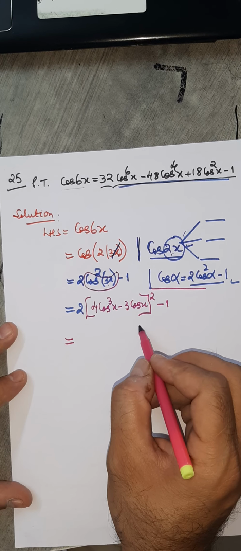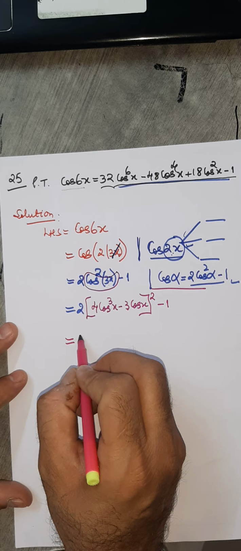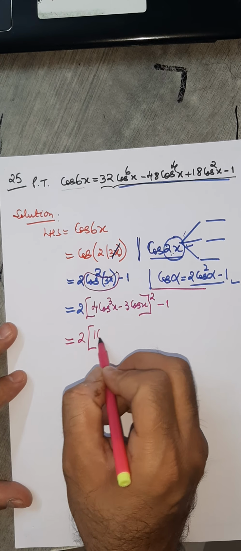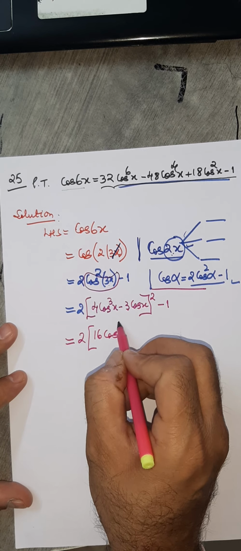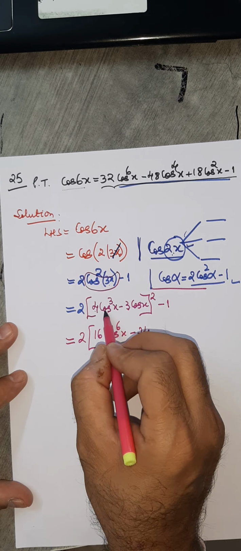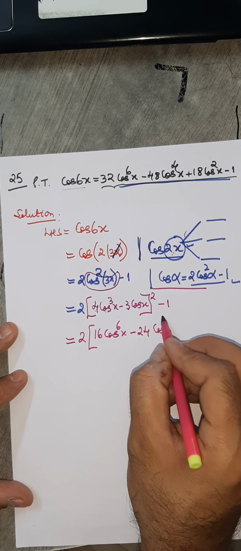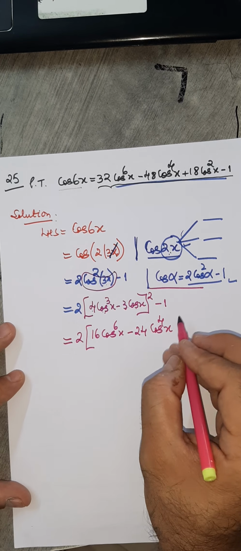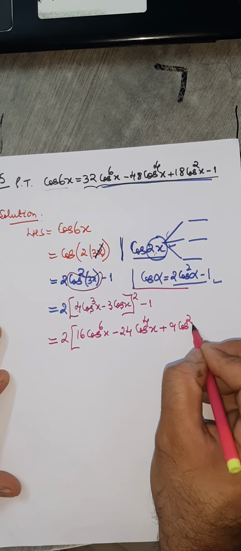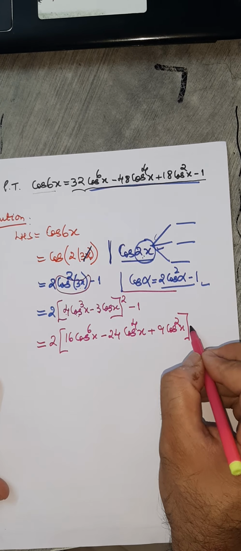Just expand this. If I expand this, this will be (a minus b) the whole square. So 16 into cos raised to 6, minus 4 3s are 12, into 2, 24, this into this, cube and this, raised to 4, plus 9 cos square x, minus 1.